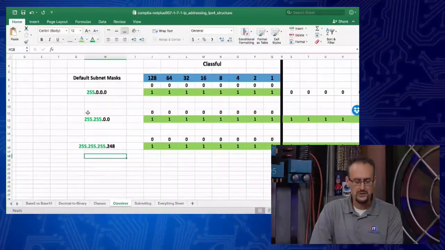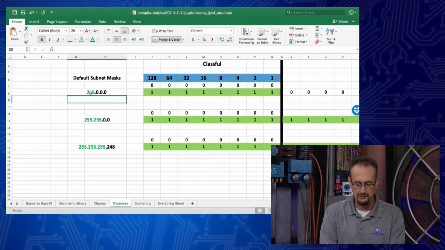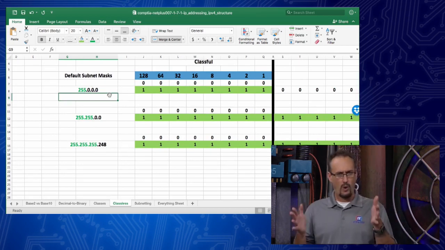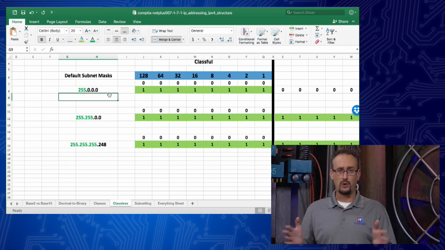We'll start with the default subnet masks that we've already been looking at, and I want you to look at how many 1 bits there are. If we talk about 255.0.0.0, how many 1 bits are in that subnet mask? Well, we've already talked about this. Where those 255s are, that's 1 octet full of 1 bits. So how many 1 bits is a full octet? 8.